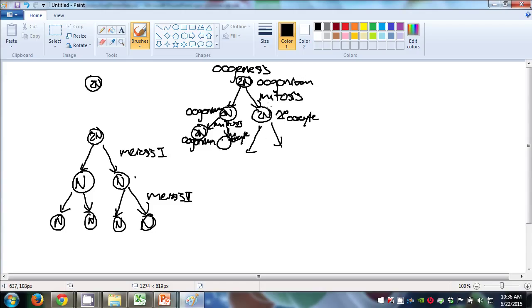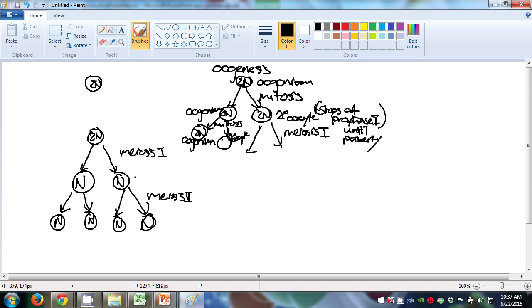Okay, so here, the primary oocyte that you have, this undergoes, what did we say? Meiosis 1, okay? But the primary oocyte, just to let you know, halts, it stops at prophase 1, until puberty.